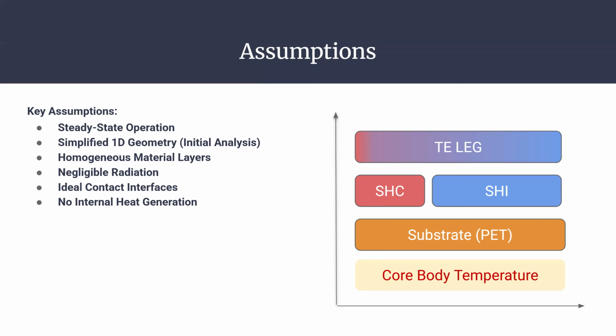And lastly, we have this assumption that says no internal heat generation. So the only heat source in this system comes from our human body, and none of the layers inside or above the human body layer generates any additional heat. Next slide, please.